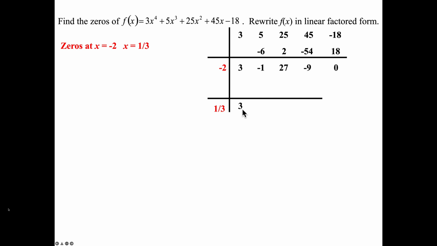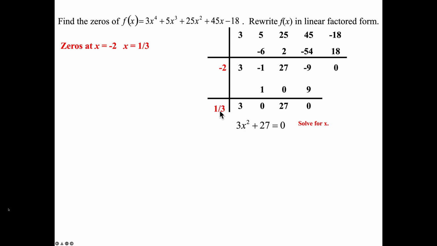1/3 of 3 is a 1. Negative 1 plus 1, 0. Okay, 1/3 times 0 is still 0. Bring down the 27. 1/3 of 27 is 9. Minus 9, 0. So that gives me 3x squared plus 27 equals 0. Since all of these numbers are multiples of 3, you can divide out the 3 from what's left over here.